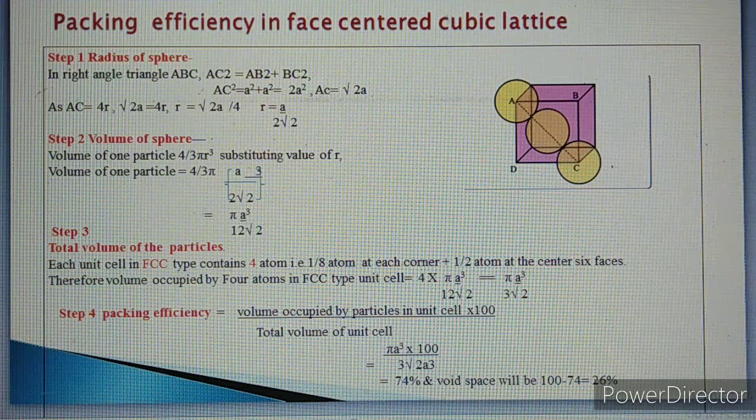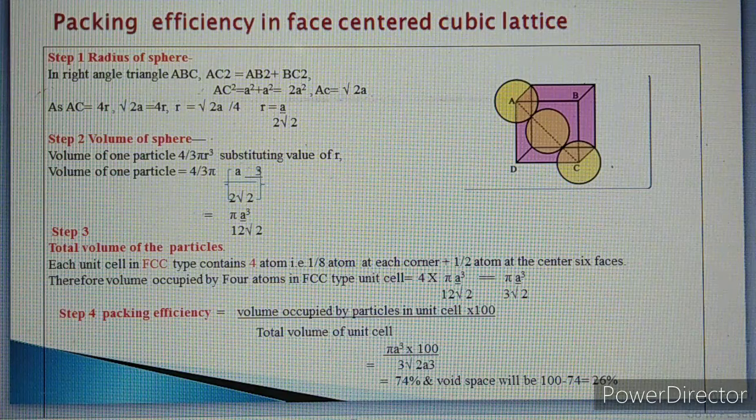So volume of one particle or one sphere is 4 by 3 pi r cube. Again we will substitute the value of small r from step 1. Substituting the value of r, we will get volume of sphere or volume of one particle is equal to 4 by 3 pi. What is r? r is a upon 2 root 2 its cube.